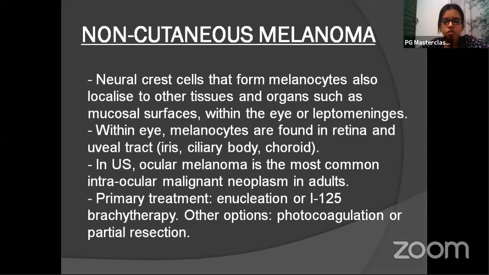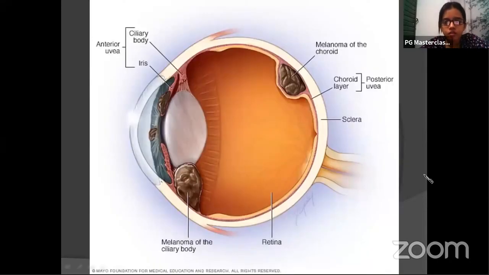In the United States, ocular melanoma is the most common intraocular malignant neoplasm in adults. The primary treatment is enucleation or iodine-125 brachytherapy, and other options are photocoagulation or partial resection. This shows melanoma of the choroid, of the ciliary body, and of the iris.